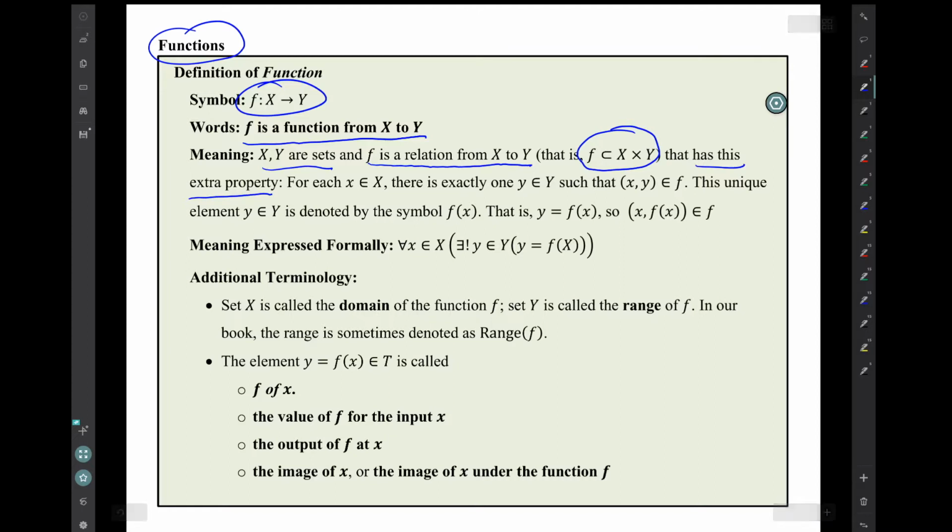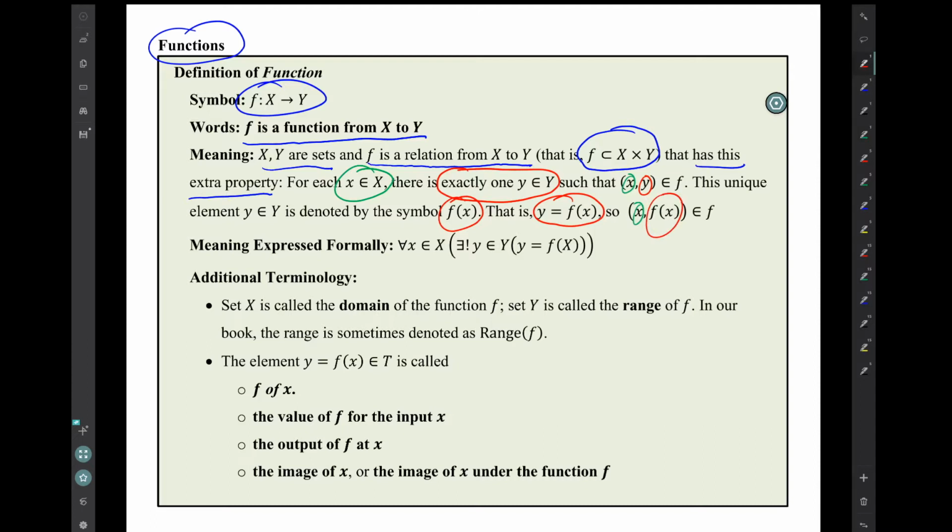For each x in the domain set, capital X, there exists exactly one little y in the range set, capital Y, such that this ordered pair, (x, y), is an element of the relation. This unique element, little y, that's an element of capital Y, is denoted by this symbol, f of x. So in other words, y equals f of x. So this ordered pair, (x, f of x), is an ordered pair in the relation.